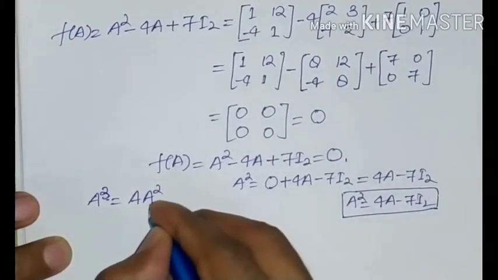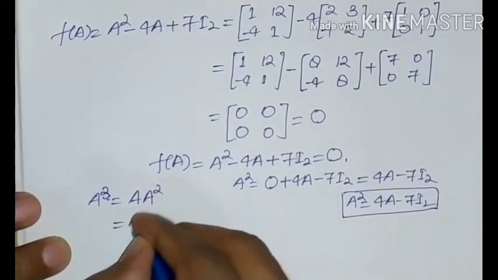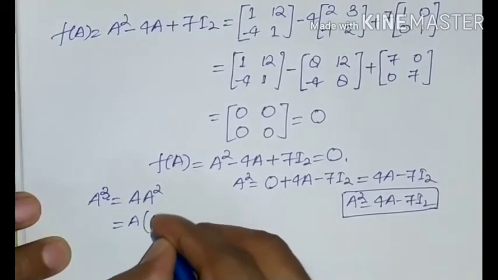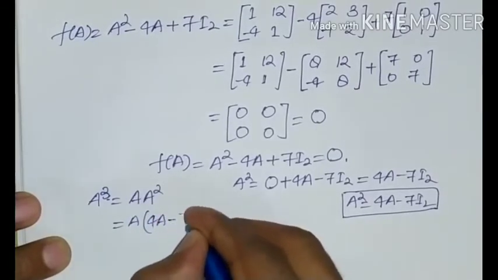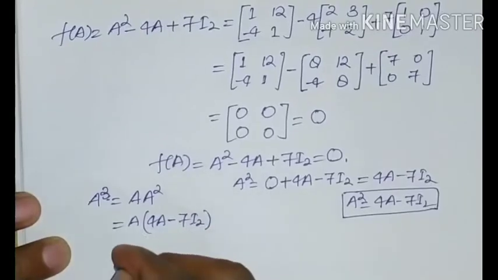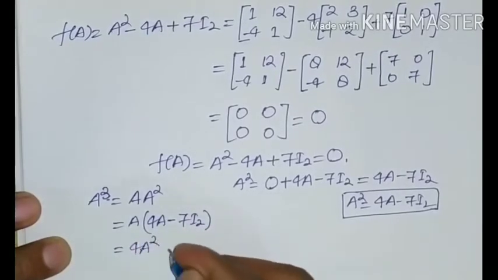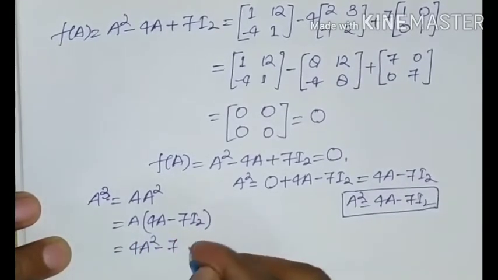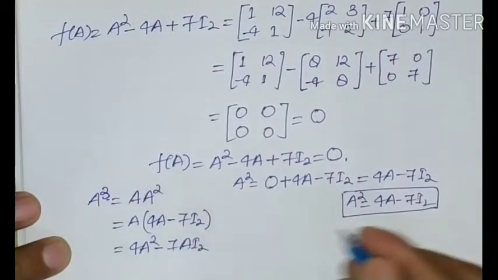Now I'm going to put here the value of A squared: A into A squared is A times (4A minus 7 I2), which is 4A squared minus 7A into I2.